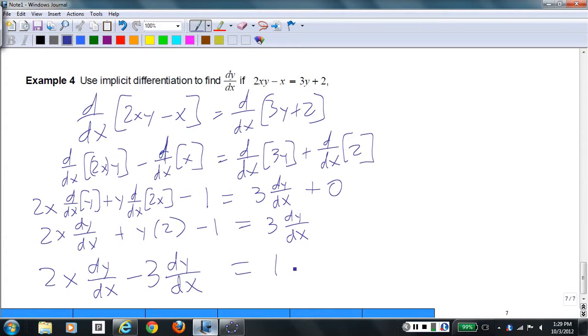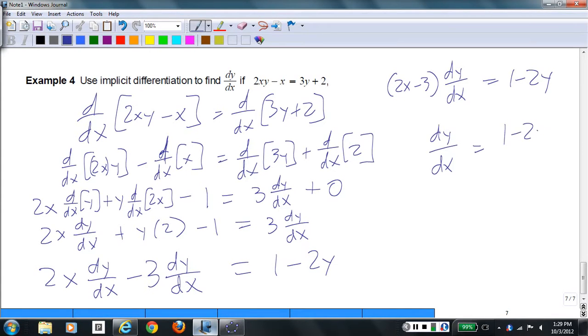I think I might prefer 1 minus 2y, but ask me again on another day and I might prefer negative 2y plus 1. So I'm going to go with that. Factor the dy dx out of each expression on the left, and it'll be 2x minus 3 times dy dx equals 1 minus 2y. And dy dx then equals 1 minus 2y over 2x minus 3.